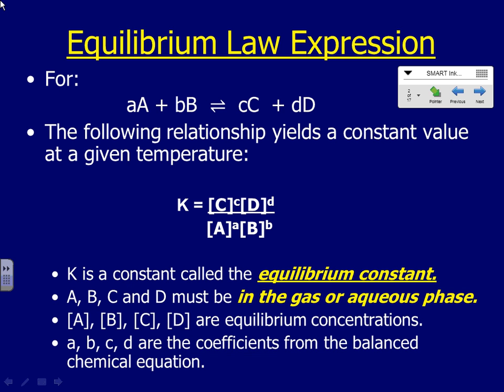Originally it was called the law of mass action, because they really didn't know why it was true. They didn't know why some chemical reactions didn't go to completion, that some reactions went so far and then stopped. They didn't know about the concept of equilibrium. They were just doing the chemistry. But they found that with these reactions that didn't run their course, when it stopped, this mathematical expression was true.